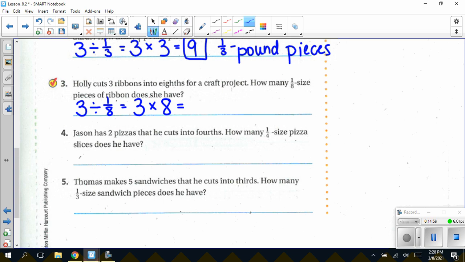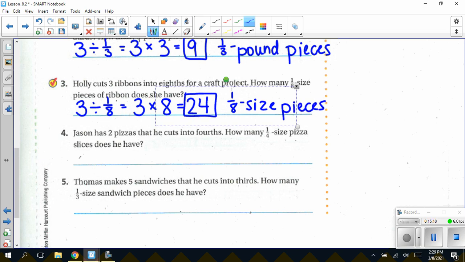And 3 times 8 is 24. That is the answer, and our label would be 1/8 size pieces. You could even be more specific and say of ribbon, but really 1/8 size pieces would work for a label.